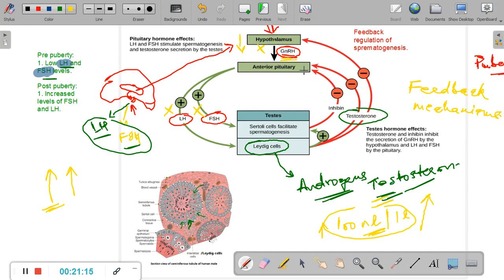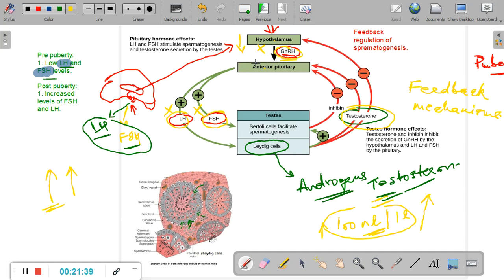So anterior pituitary and hypothalamus, on sensing excess testosterone in the body fluids, reduce the amount of GnRH and LH and FSH. Obviously, if the quantity of gonadotrophin releasing hormone reduces, then it will not stimulate the anterior pituitary to make a lot of LH and FSH.